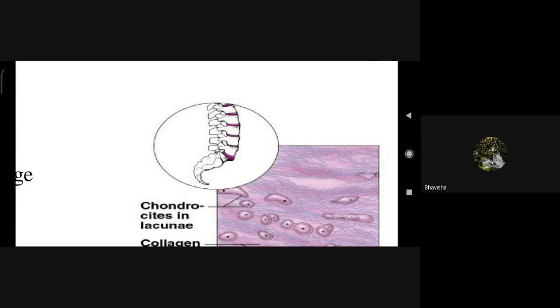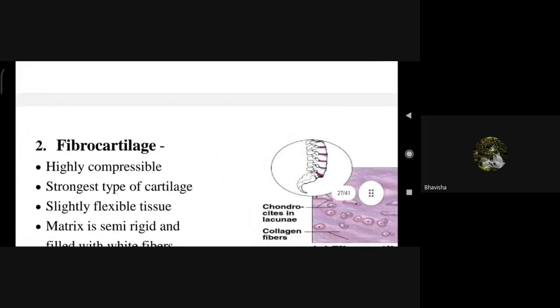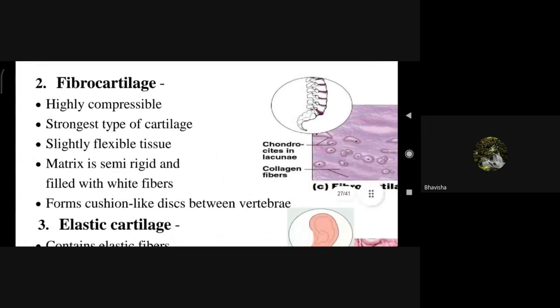This cushion-like structure absorbs shock, and these are made up of fibrocartilage. These are highly compressible. When you do back bending or some body movement which needs compression in the vertebrae, the shock is absorbed by this fibrocartilage, the cushion-like disc in between each vertebra.